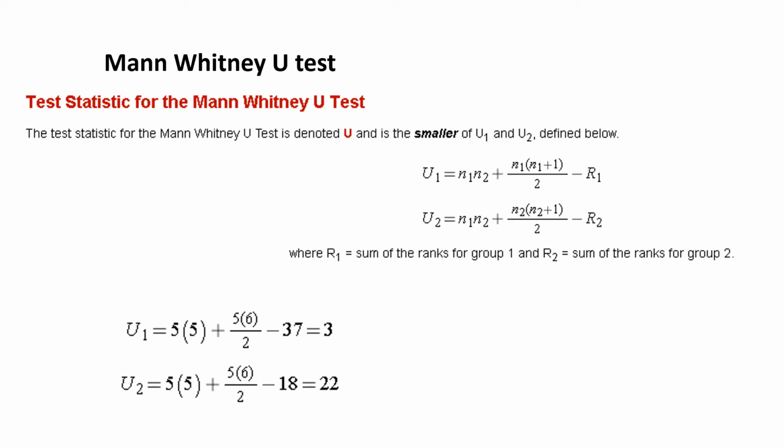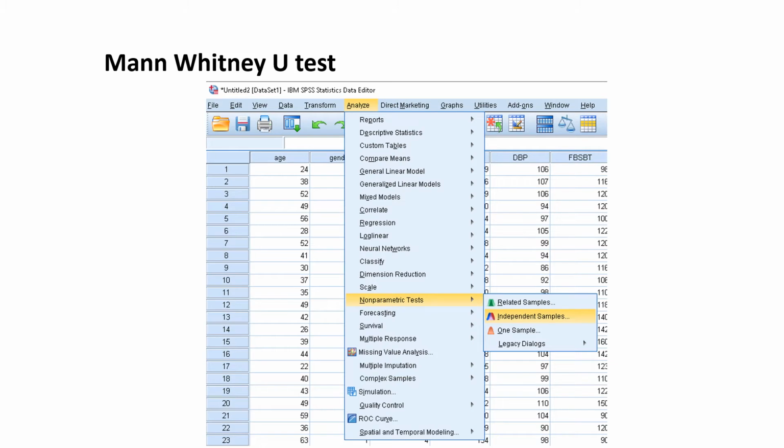U2 is 5 multiplied by 5 plus 5 multiplied by 6 divided by 2 minus 18. 18 is the sum of the rank for group 2. So you got 3 and 22.